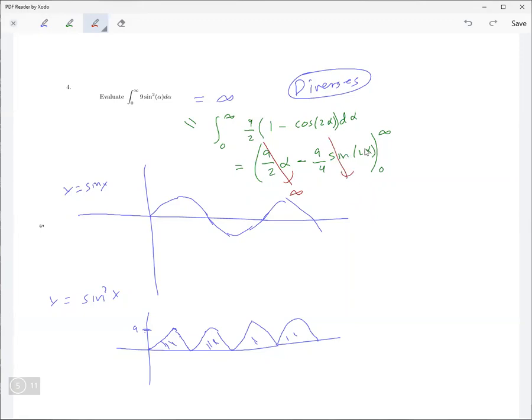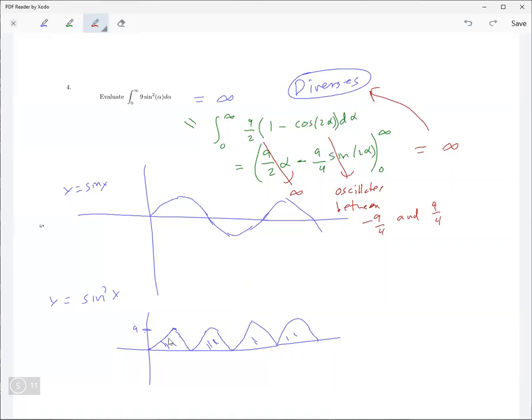This one fluctuates, or oscillates. Oscillates is probably a better word. Between negative 9/4 and 9/4. So the whole thing is going to go off to infinity. So again, it diverges. We get the same result.